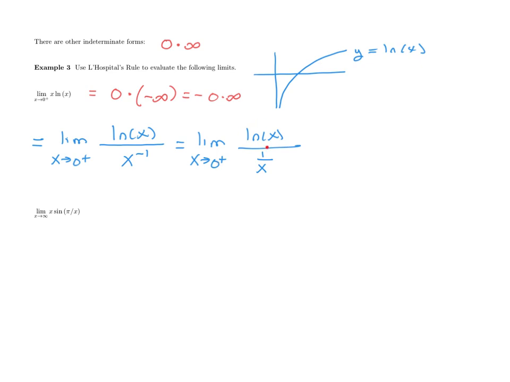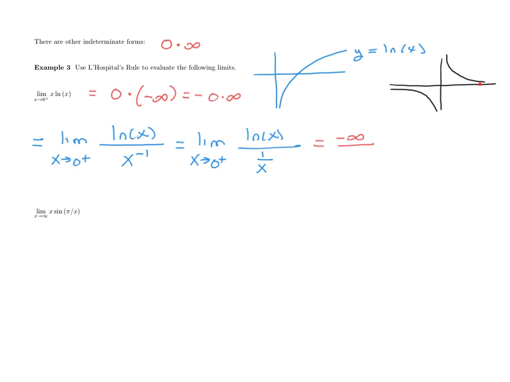Well, we already know the top goes to negative infinity. So this is of the form negative infinity in the numerator. What does x to the -1, or 1 over x, go to as x goes to 0 from the right? You again could refer to a graph just as a quick guide. Here's a graph of 1 over x.